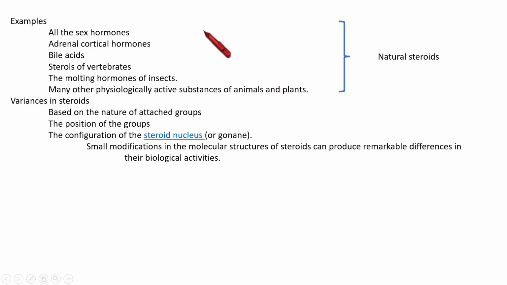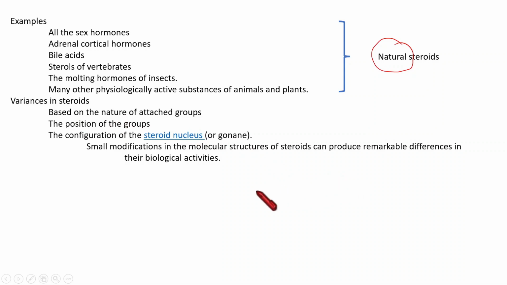And all these steroids are natural ones. Then where can we see the synthetic ones? In the form of some medicines or oral contraceptives. In all those forms, we can see synthetic steroids. Then how are different types of steroids formed, how do they differ? That is based on the nature of the attached group.